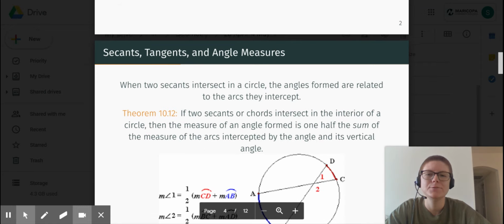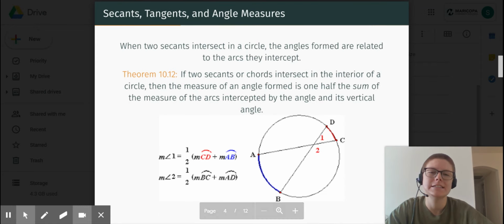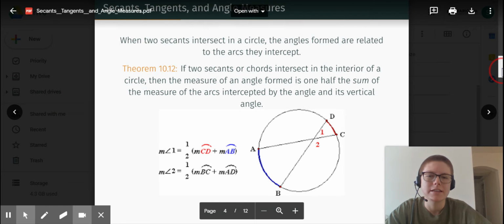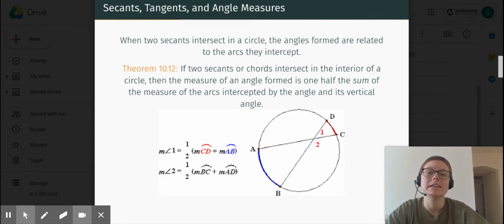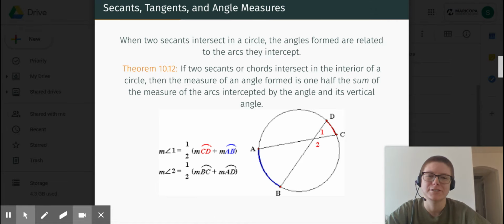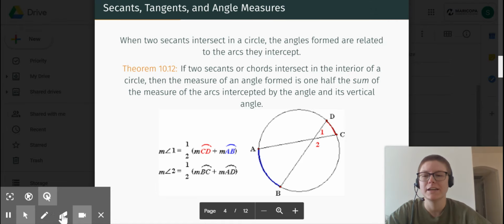When two secants intersect in a circle, the angles formed are related to the arcs that they intercept. So we have this theorem to write down. If two secants or chords intersect in the interior of a circle, then the measure of an angle formed is 1/2 the sum of the measures of the arcs intercepted by the angle and its vertical angle.